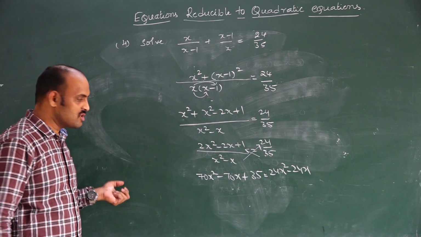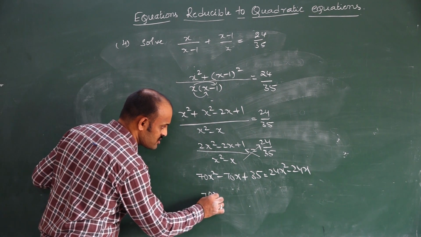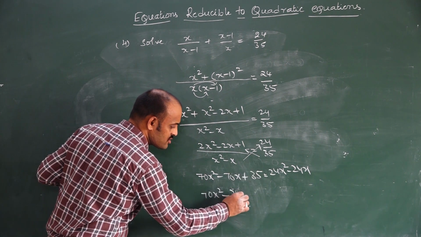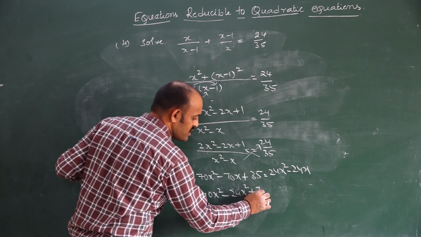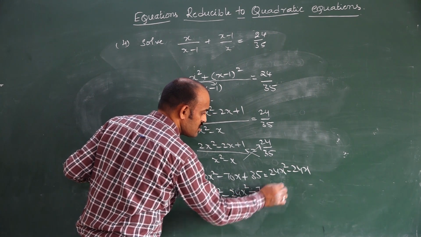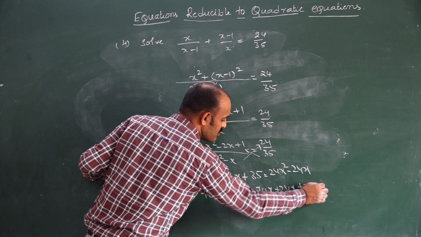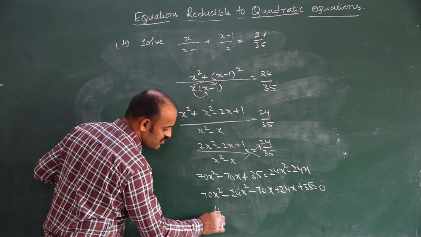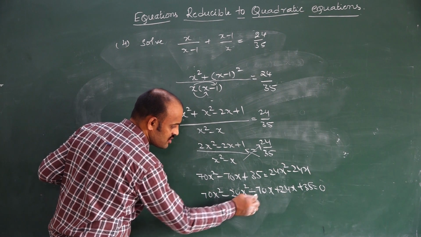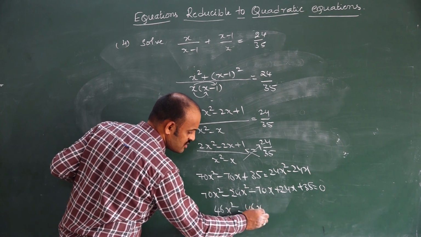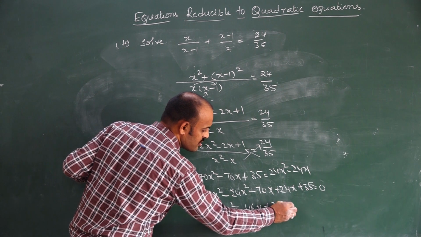So bring all the terms to the left hand side. 70x square minus 24x square minus 70x plus 24x plus 35 is equal to 0. 70 minus 24, 46x square minus 46x plus 35 is equal to 0.